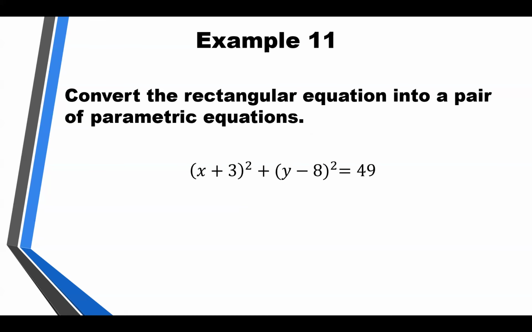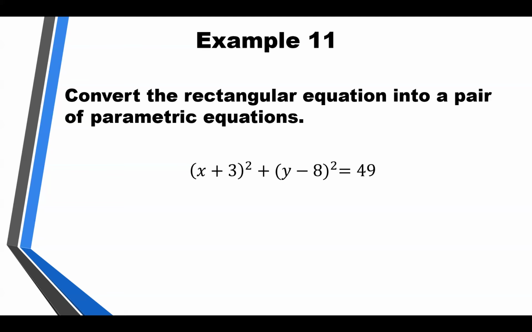If we want to go in reverse, if we want to go from a conic section in rectangular coordinates to a pair of parametric equations, then I'm just going to go the exact reverse of what we just did. So if I'm trying to do cosines and sines, I'll try to create something that looks like something squared plus something squared is equal to 1.